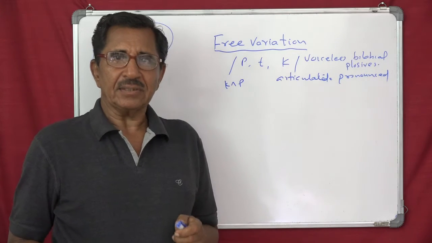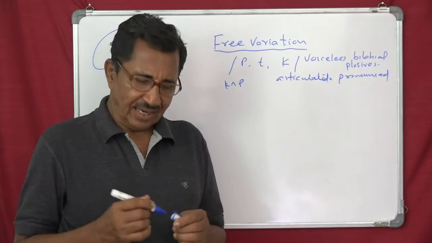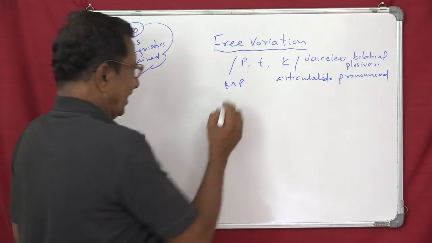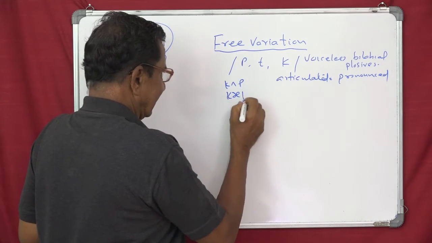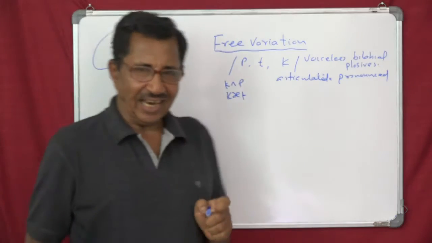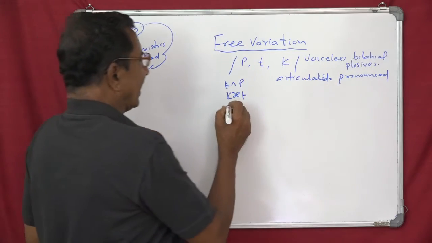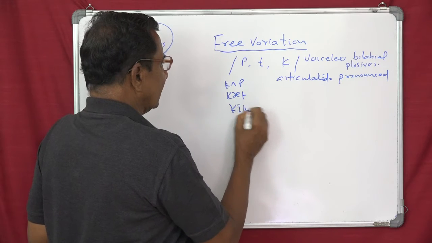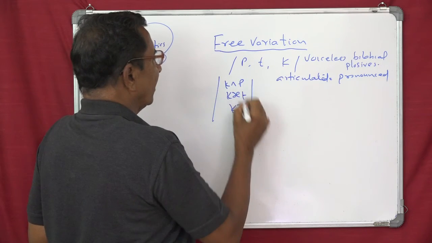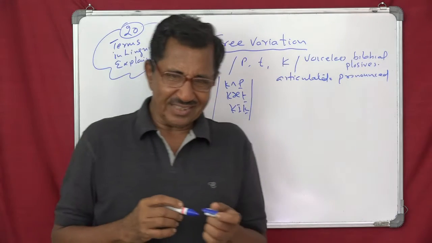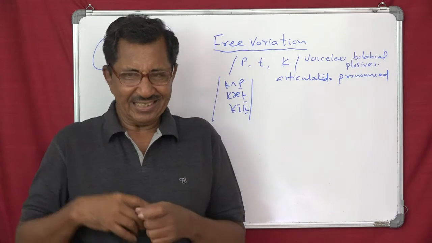Actually it is p, but we are pronouncing it as cup. Please take that cup. Cat. See, cat. Actually it is t, and kick. So these sounds you can see, p, t, k, they are pronounced in a very relaxed way.